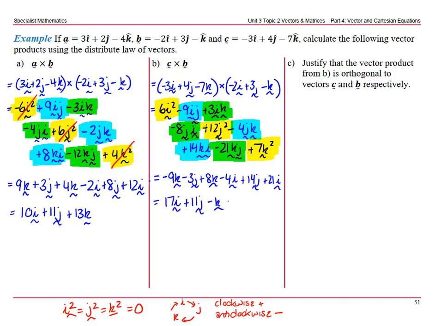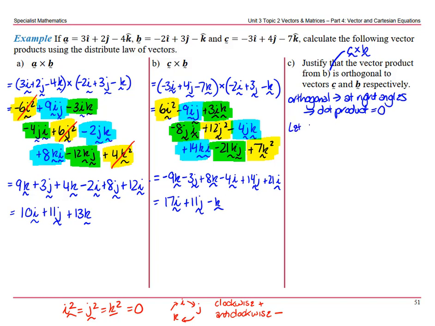Okay, hopefully you got that correct. The next part says justify that the vector product from part B, so that was C cross B, is orthogonal to vectors C and B respectively. And orthogonal means at right angles. So that would mean that our dot product would equal 0.